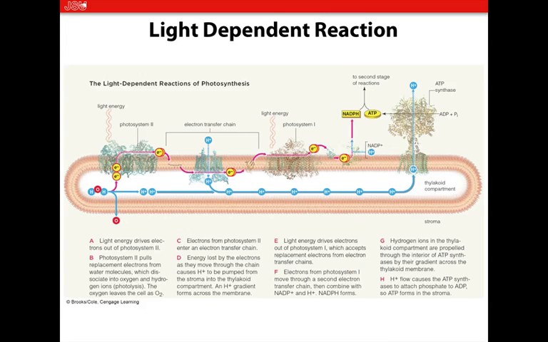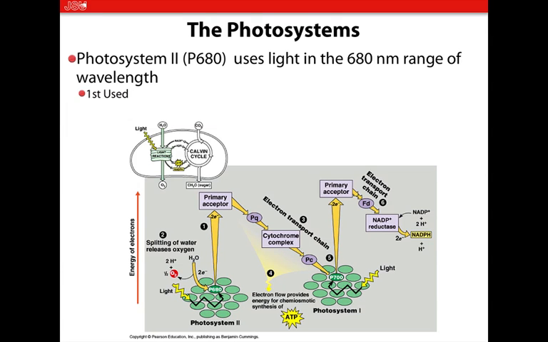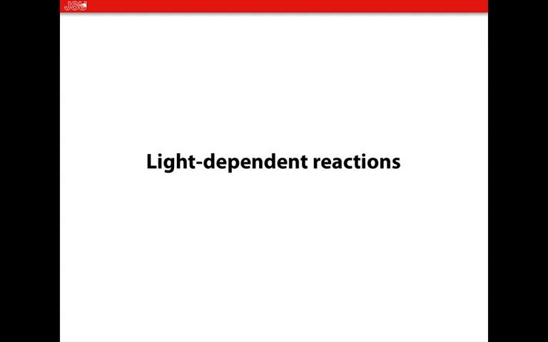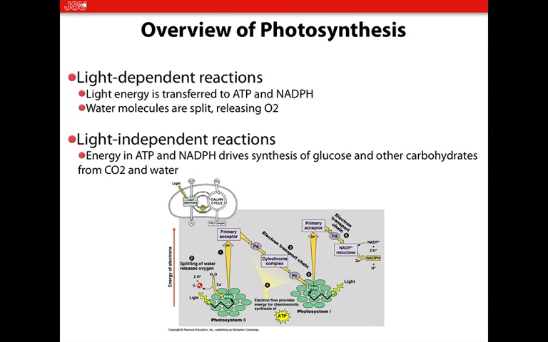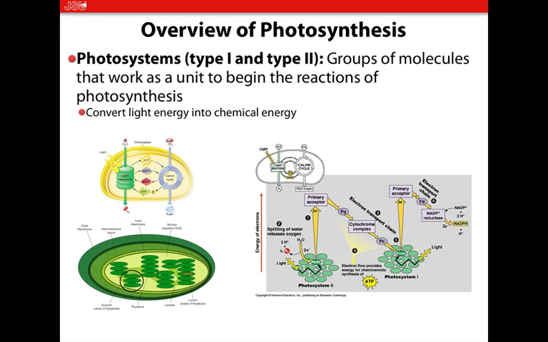Another picture of the thylakoid membrane. This is where the light-dependent reaction of photosynthesis happens. So we're going to talk about this for a few minutes, but understand what we're talking about happens in the thylakoid membrane. Another thing is photosystems.